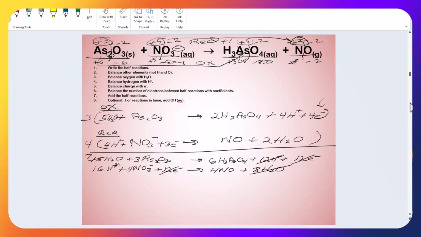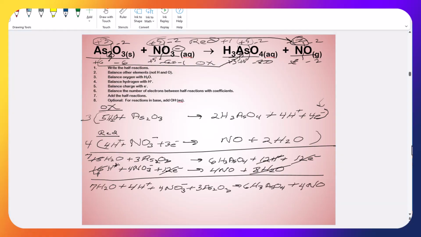I can go ahead and cancel 12 of those, 12 of the 16. That gives me 4 H pluses remaining. Okay, there's nothing else I can cancel, so I'm going to go ahead and add the 2 half reactions. Okay, I have added the 2 half reactions together after canceling the electrons, some water, and some hydrogen ion.